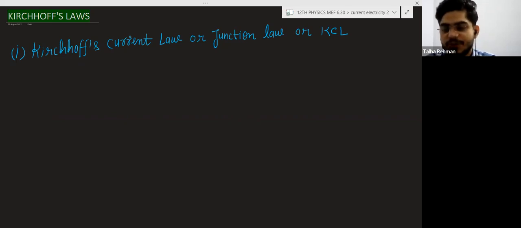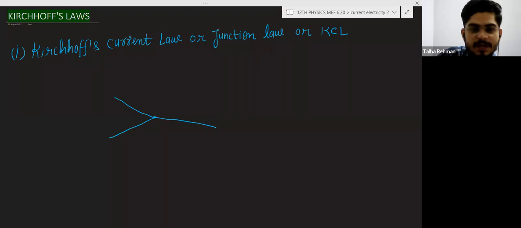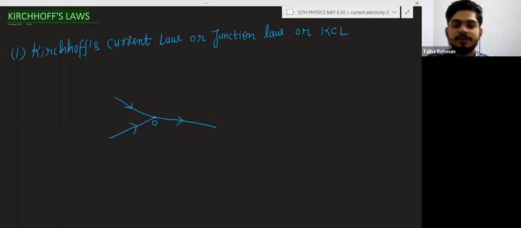So what is the meaning of this? Suppose here is a wire like this, and this is a wire like this, and this is a wire like this. In this wire the current is flowing like this, and this is the junction point, meaning where three wires are connected.